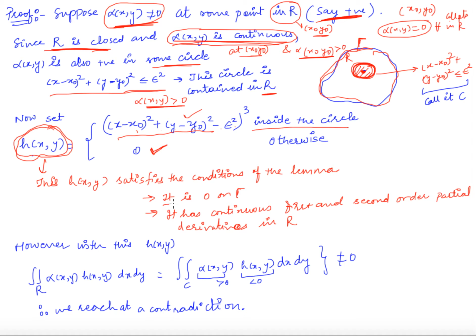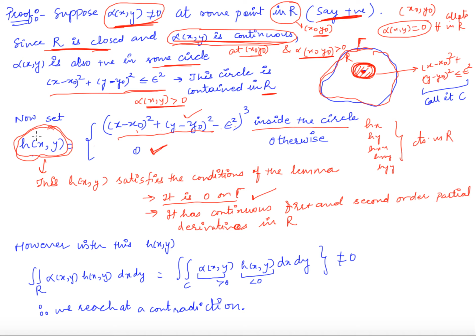So it means that h(x,y) is 0 on the boundary gamma. That is the first condition. And second condition, you can check that it is a continuous function and all the derivatives h_x, h_y, h_xx, h_xy, h_yy are continuous in R. Okay, this you can check.